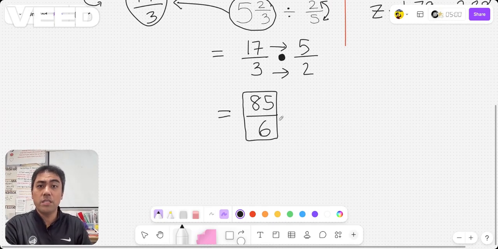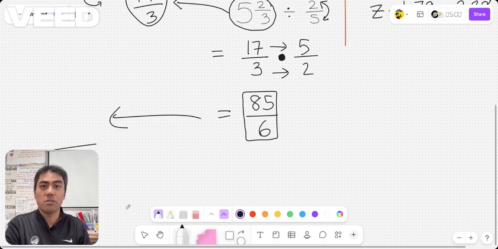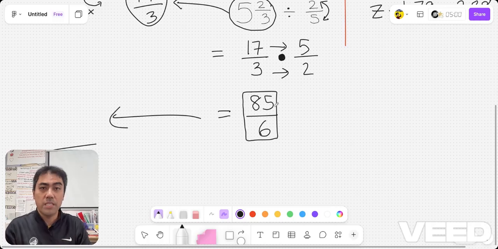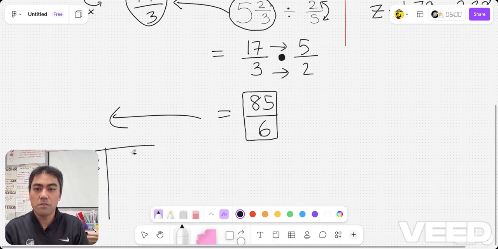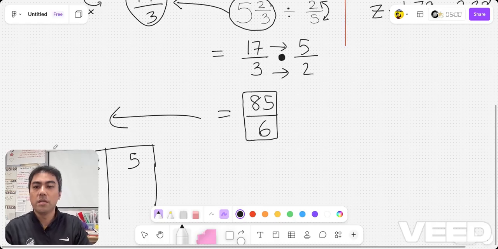But if you don't see this as an answer choice, you might take this improper fraction and on the side change it to a mixed number by using long division. We can use long division because this fraction is the same thing as 85 divided by 6. So then you can go ahead and do your normal long division, or if you're doing grid division, you write it like this. 6 goes into 8 one time. 6 times 1 is 6.